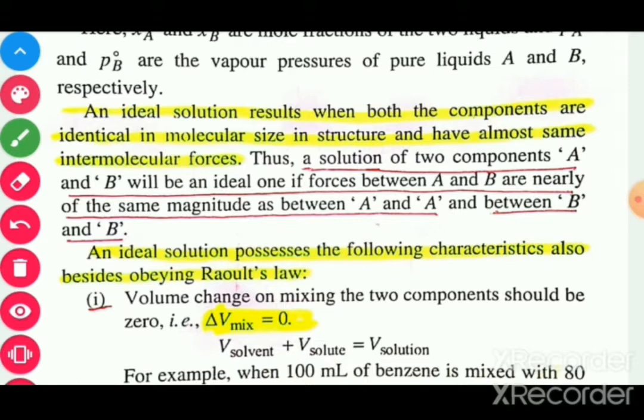A solution of two components A and B will be ideal if the forces between A and B are nearly of the same magnitude as those between A and A, and B and B. Here A and A are the particles of solvent, B and B are the particles of solute. So the interaction in solvent molecules we will write as AA, and the interaction between solute particles we will write as BB.